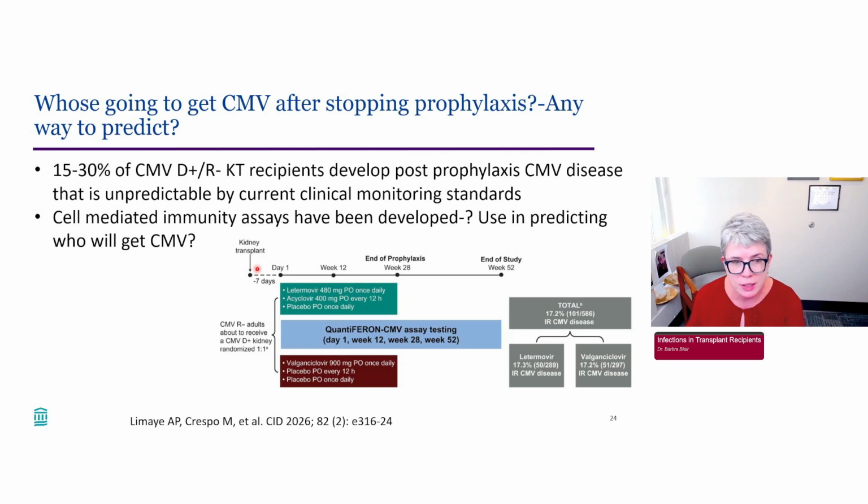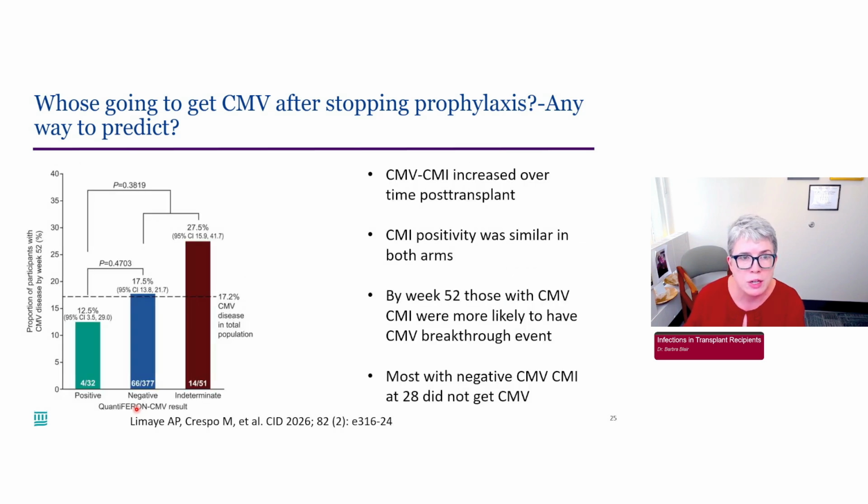The same group that put out the letermovir information studied whether you could look at cell-mediated immunity, present or absent, at the stop of or during CMV prophylaxis and thereafter, and whether it predicted who would actually get CMV.